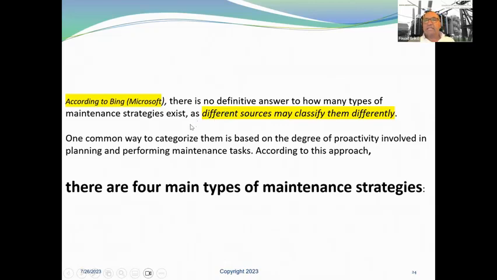So it's really hard. So I complete its answer. One common way to categorize them is based on the degree of proactivity involved in planning and performing maintenance tasks. According to this approach, there are four main types of maintenance strategies.